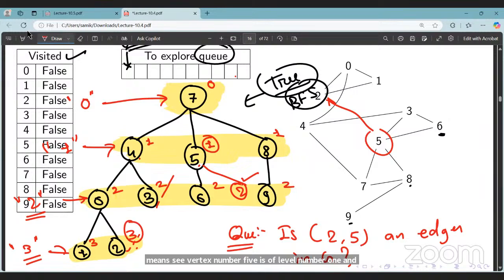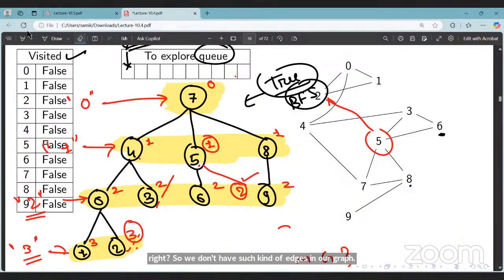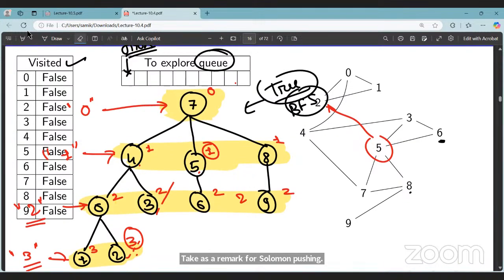So it is not possible to connect such vertices, which have more than a one level difference between them. So we don't have such edges in our graph. You can take this as a remark for solving questions, because there are questions that ask whether it is possible to draw an edge from 2 to 5 in our graph, just by observing the BFS tree.